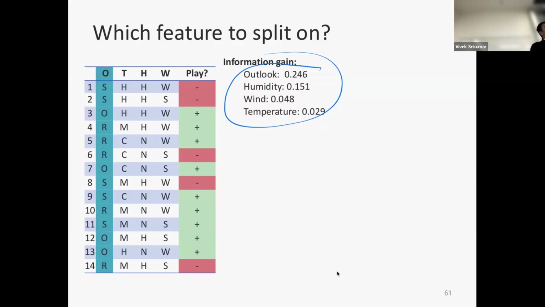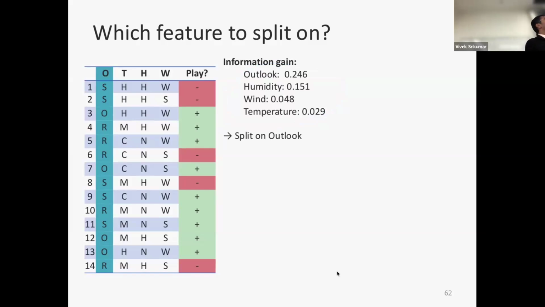So the heuristic says, because the information gain is highest when you partition on outlook, you split the data, and the root node becomes outlook.